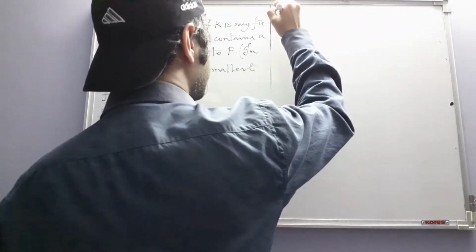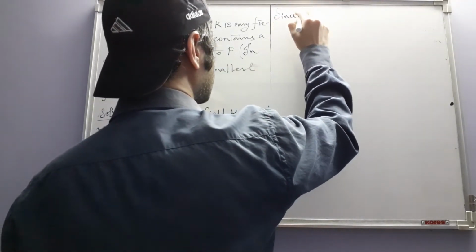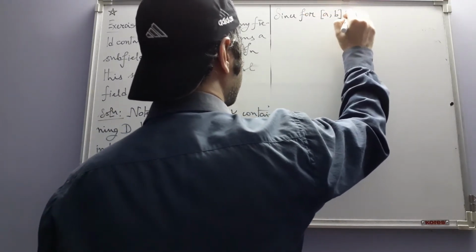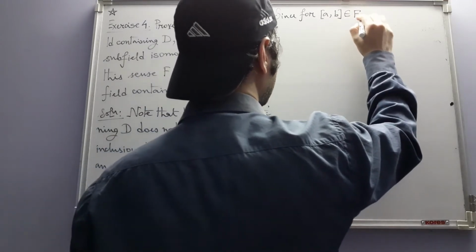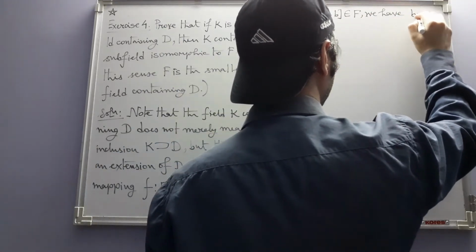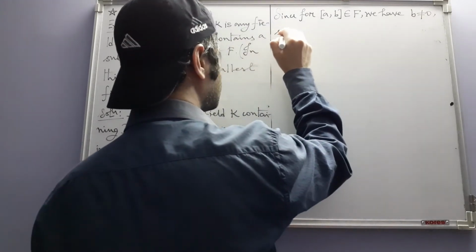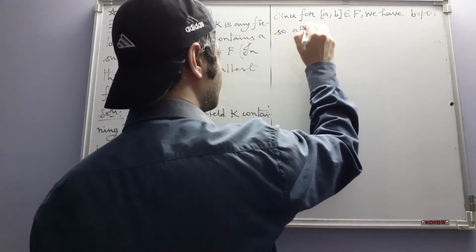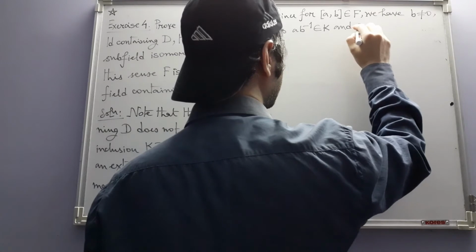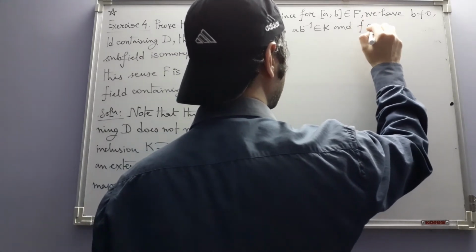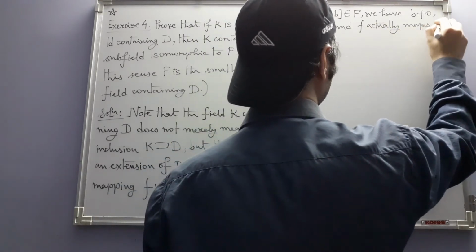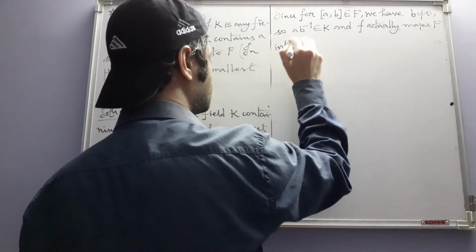Since for (a, b) belonging to F we have b not equal to 0, ab inverse actually belongs to K, and f actually maps F into K.